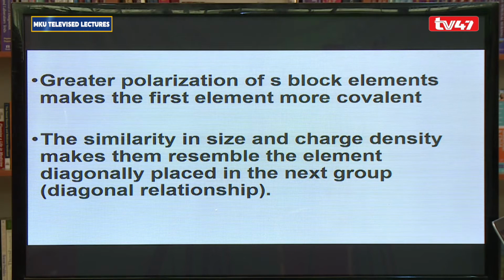Lithium, being an alkali metal and forming covalent compounds, is because of its small atomic size, high polarization power, and high effective nuclear charge, and so it forms covalent compounds which even dissolve in organic solvents. The same thing is observed with beryllium, which also forms covalent compounds, while all the other elements in group 2 form ionic compounds.